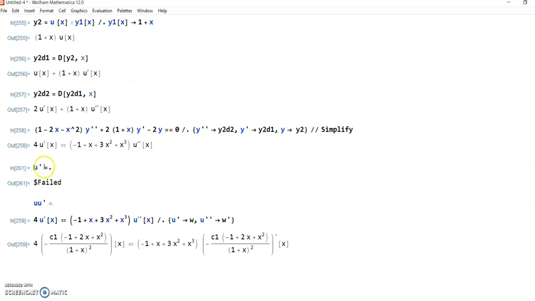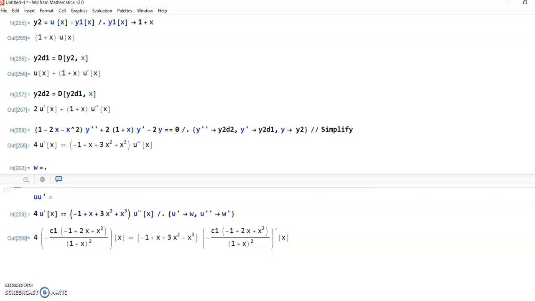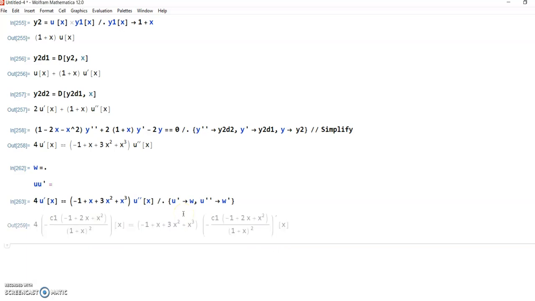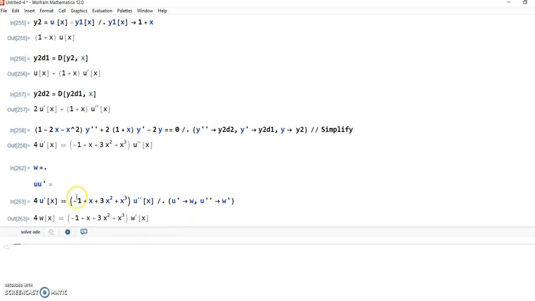I think the error is coming because of some w. So I can clear the value of w, and similarly I clear the value of w prime. Maybe it's not needed, but let's do it. So now we get this value.